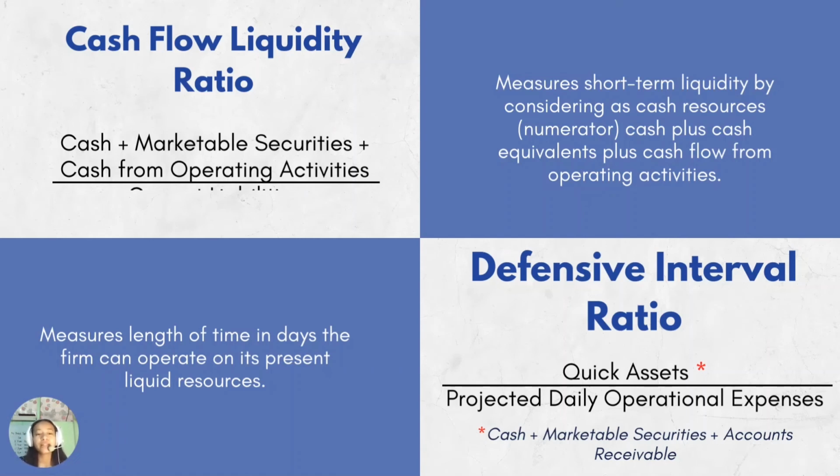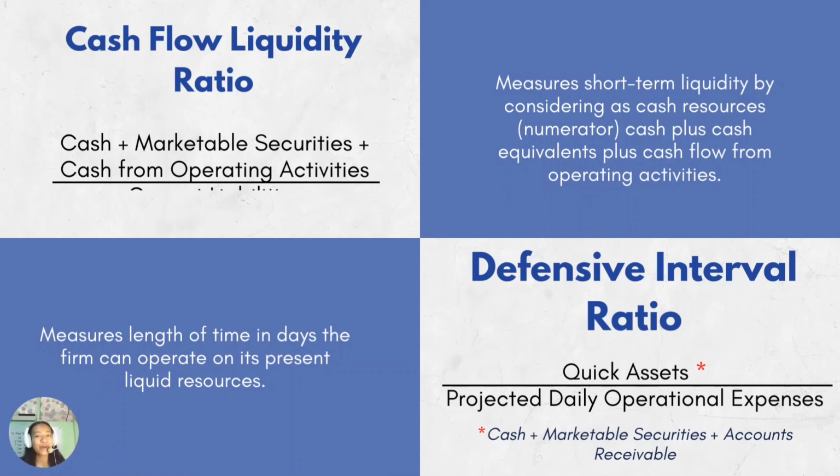Cash flow liquidity ratio measures short-term liquidity by considering as cash resources cash plus cash equivalents plus cash flow from operating activities. So, basically, ang sinasabi dito is yung sum nung nasa taas. Mas malinaw na dito, the definition for this is a more conservative variation of quick assets. It measures short-term liquidity without having to rely on receivables and inventory. So, ayun, cash na lang yung natira tsaka marketable securities.